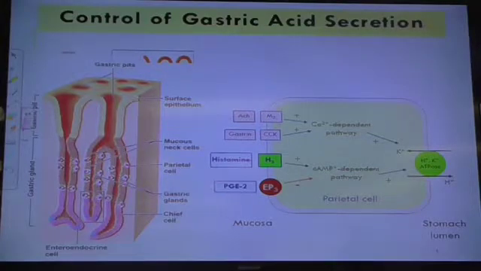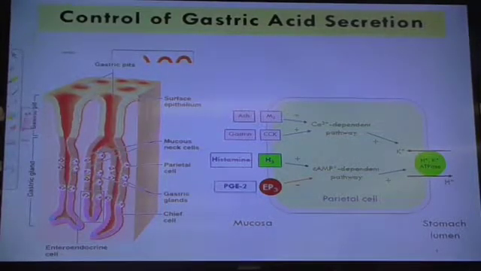For this slide, that means 3 mediators together increase or stimulate the gastric acid, which include acetylcholine, gastrin, and histamine. But PGE2 stops or inhibits the release of the gastric acid.